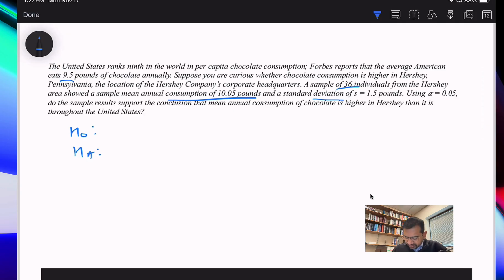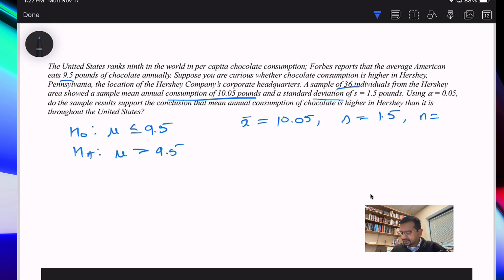So we will formulate our null that mu is less than or equal to our national average, 9.5, and our alternative is that mu is greater than 9.5. Putting down the values, our x bar is 10.05, our sample standard deviation is 1.5, and our sample size n is 36.